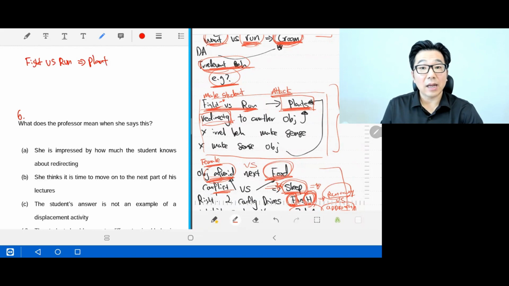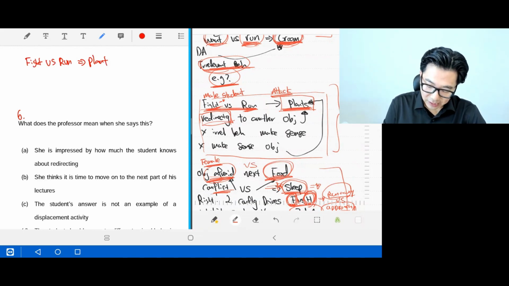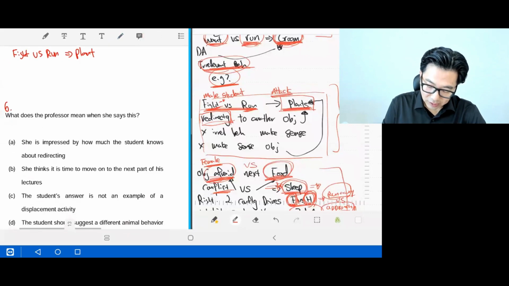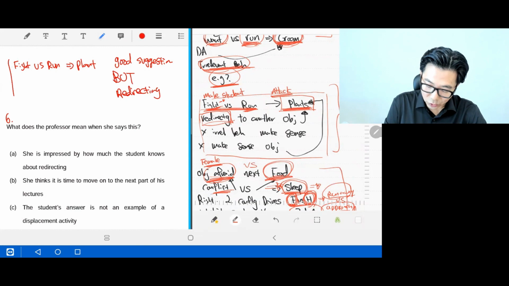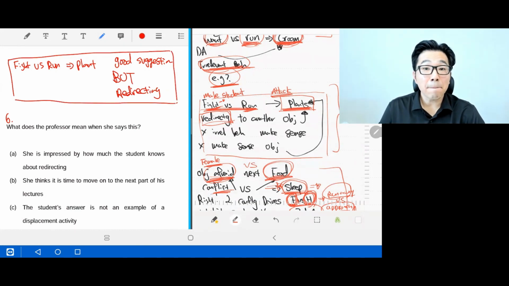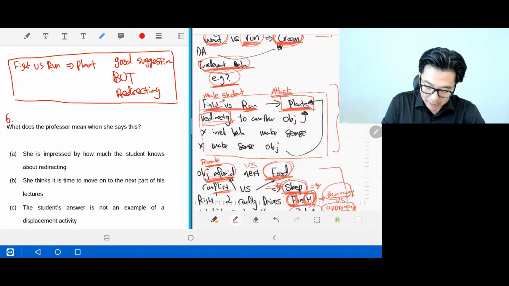Okay, isn't this a displacement activity? And then the professor said, that's a really good suggestion, Carl. But that's redirecting. Right? So this was the whole excerpt. Okay, it was played for you the first time. And then the second time, this part was repeated.